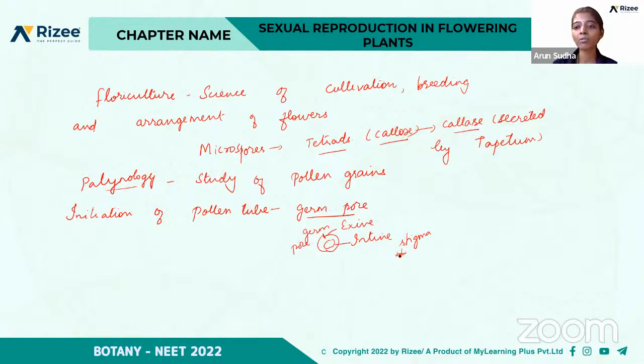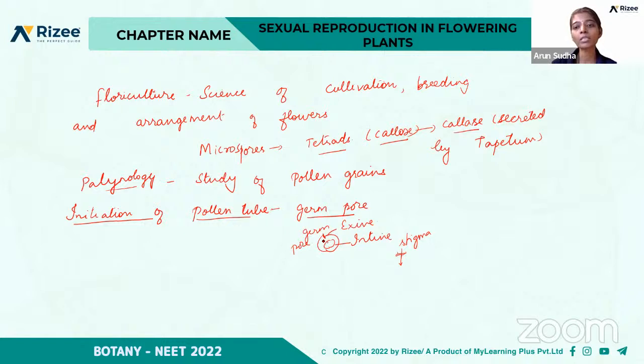When it lands on the stigma, it takes up the nutrients from the stigma, which leads to the formation of the pollen tube. The pollen tube is formed through this germ pore. The intine comes out through it and forms the pollen tube. So the function of the germ pore is to initiate the formation of the pollen tube. In other places there will be sporopollenin.